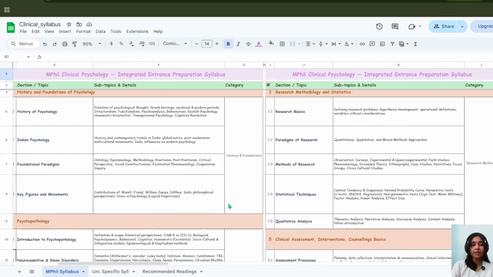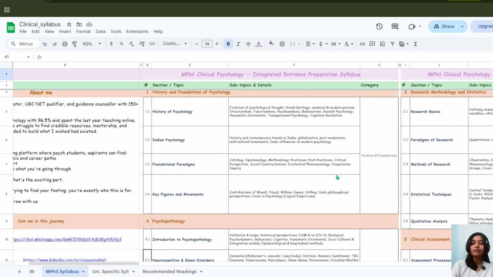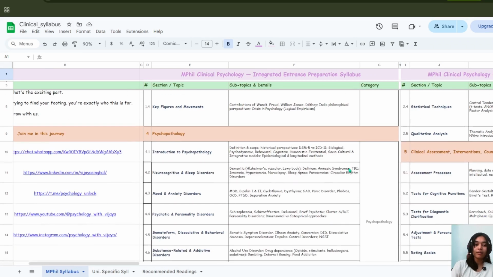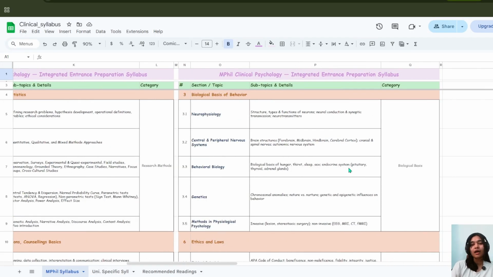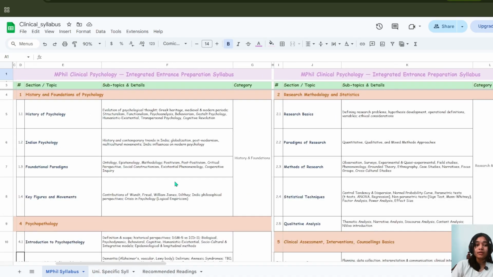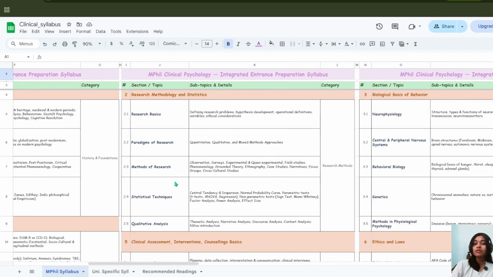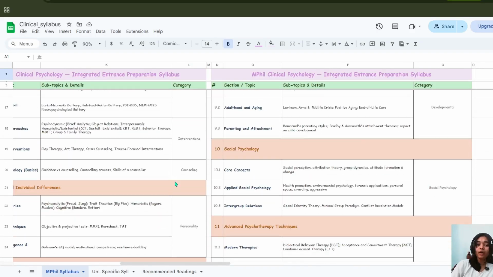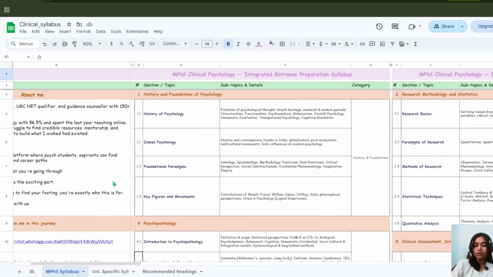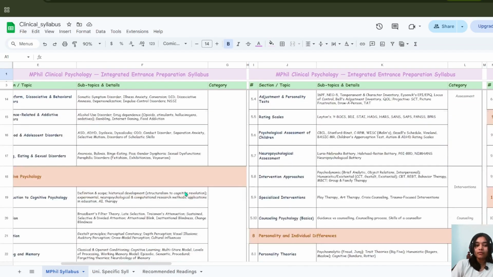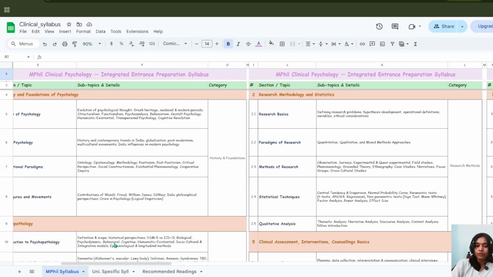I know right now it may seem like a lot, but it is not. Half of it you've already studied, and I can vouch for that. In your classrooms, or in workshops you might have attended, or from a paid subscription you may have taken, you have already studied most of this. You just have to brush up on it, and some of it would be new to you, but it's okay. Go through it once, and you're good to go.